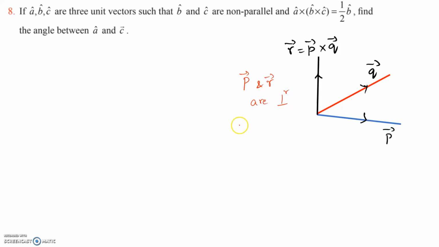Also, Q vector and R vector are perpendicular.